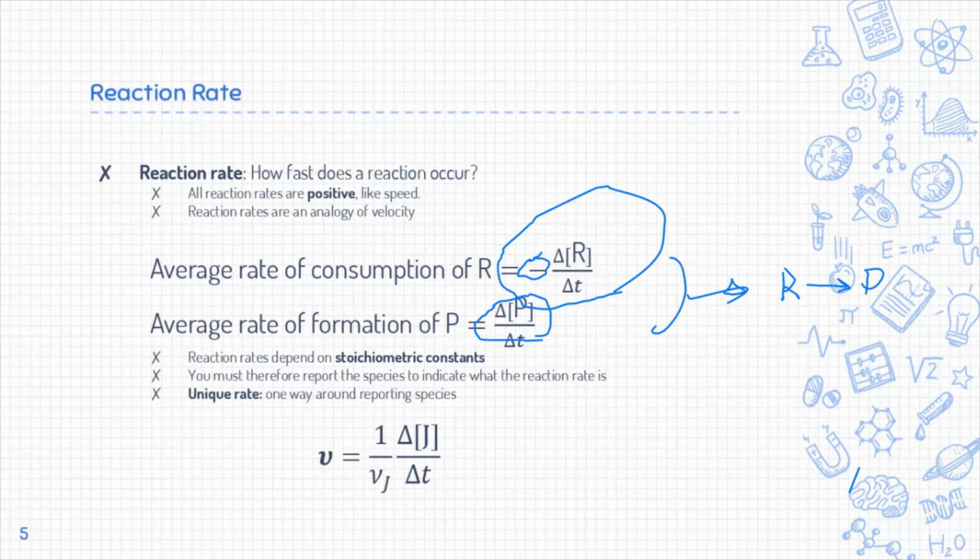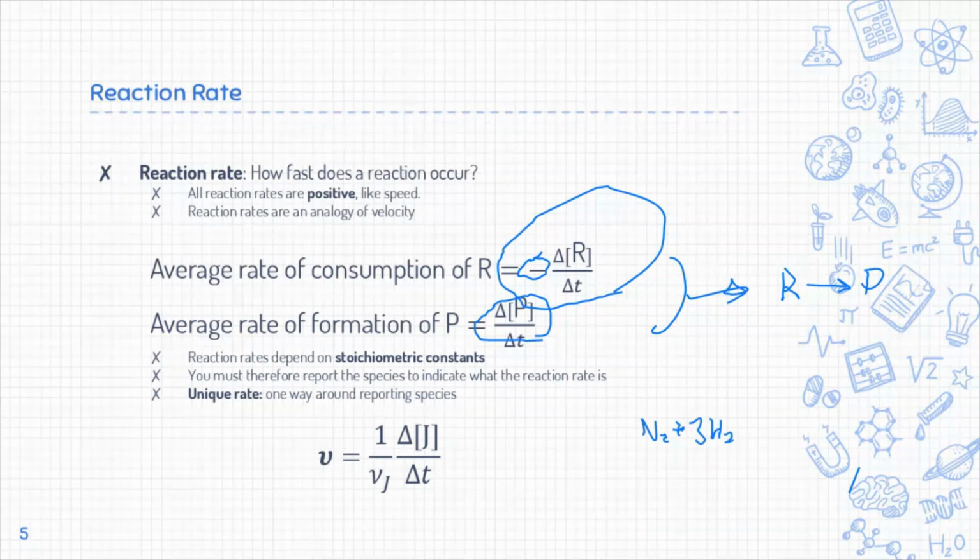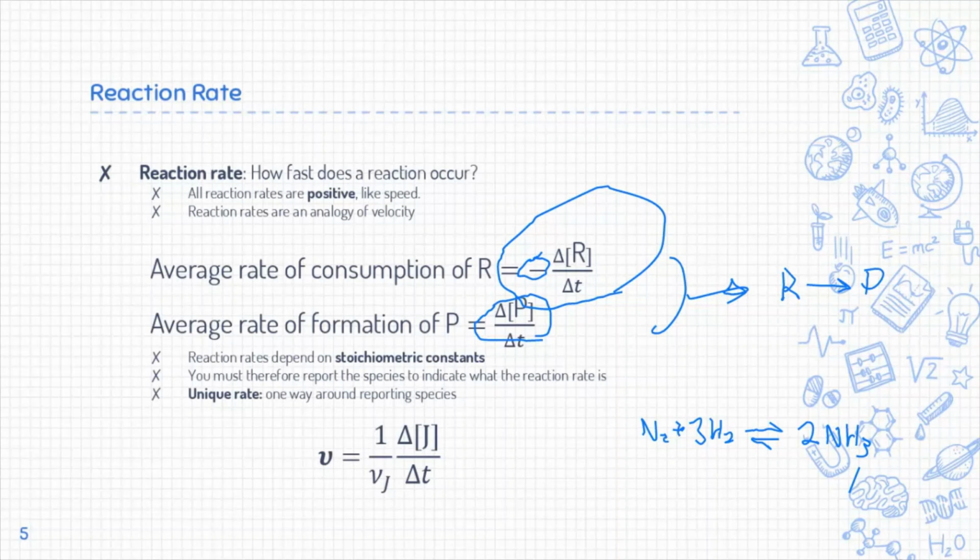Okay, cool. So, right, you have to consider the stoichiometric numbers of a chemical equation and report the species to make sure your rate is correct. Okay, so if we consider something like formation of ammonia, right? In this reaction, let's say that the rate of consumption of nitrogen gas is just 1.